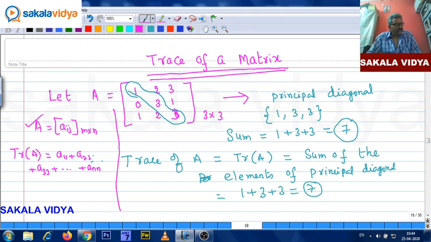This is the trace. We shall discuss more about the trace of a matrix after multiplication of matrices. There are still more concepts to be addressed in the trace of a matrix, so we shall discuss that later.